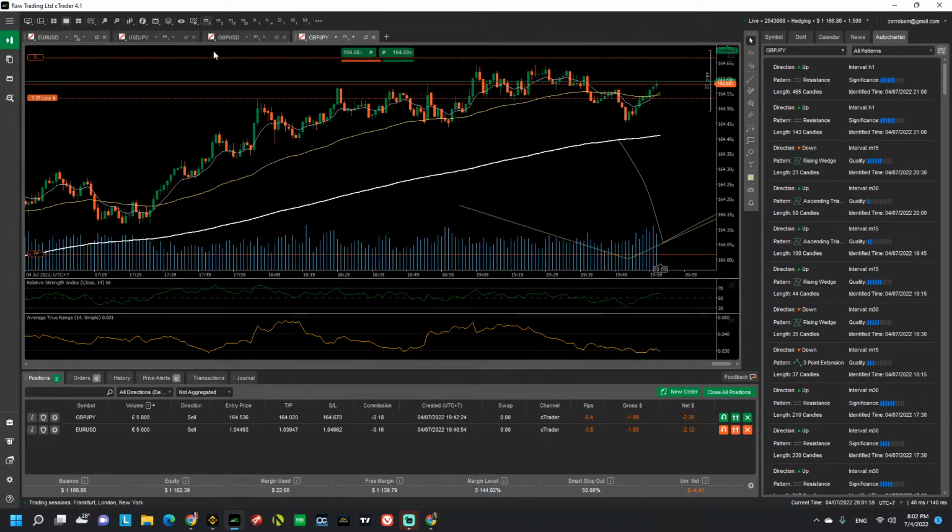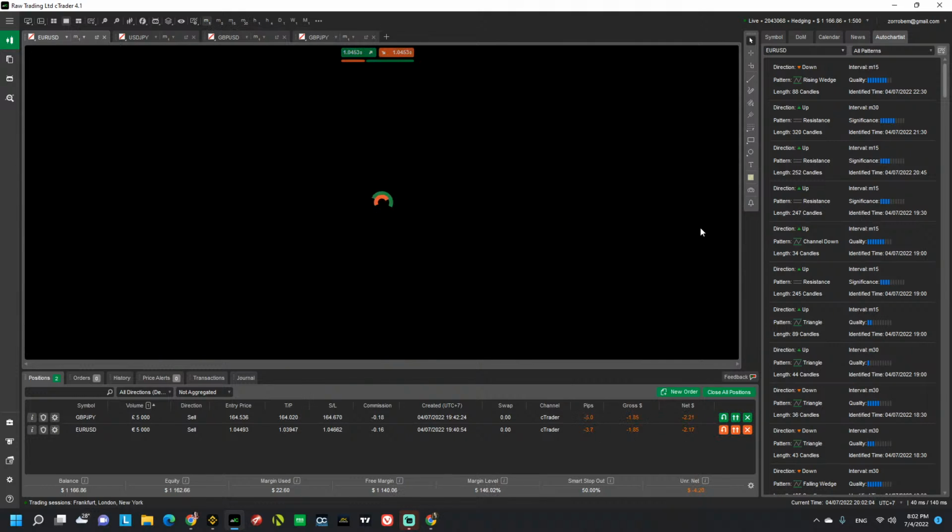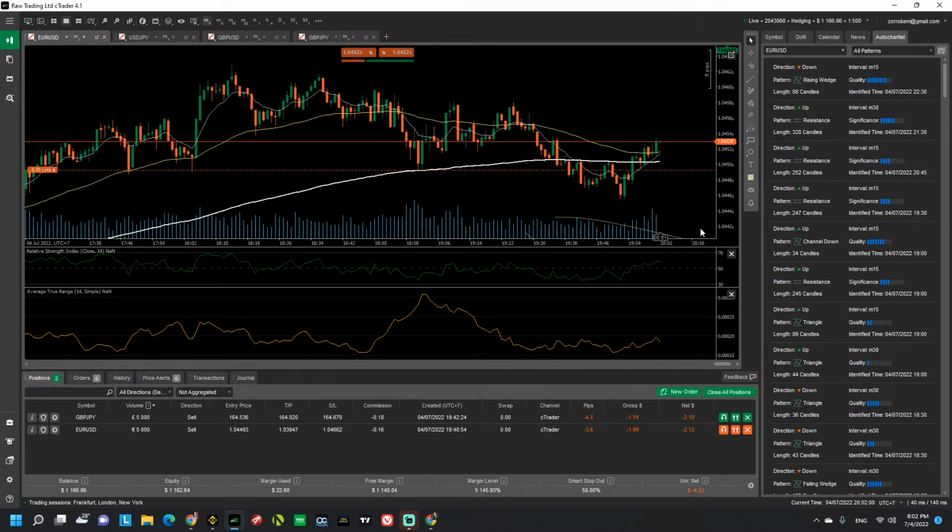Let's check the euro. Yeah, it looks like the momentum is getting stronger here with bigger candles. Oh no, that's the RSI. Like a big player is trying to put in more money.